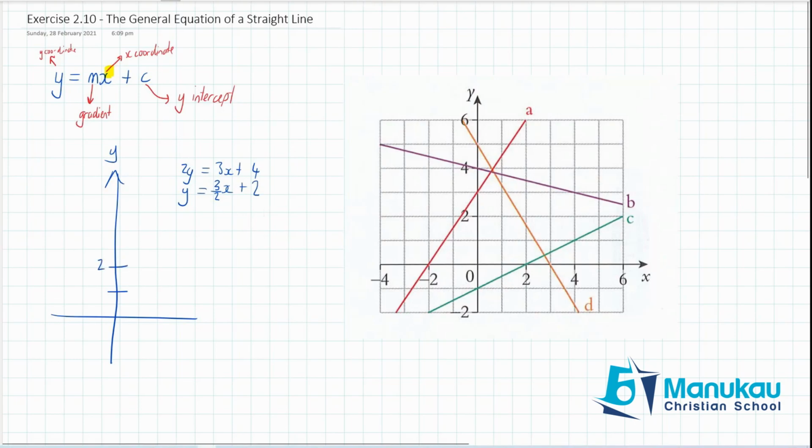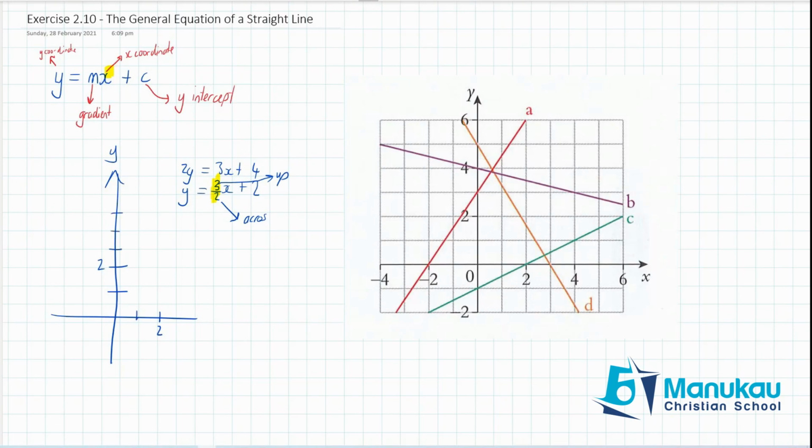And what do we make of this gradient here? Well, the bottom one is your across, and the top one is your up. So change in y over change in x. So we go across 2, so I might go 1, 2, and then we'd go up 3.